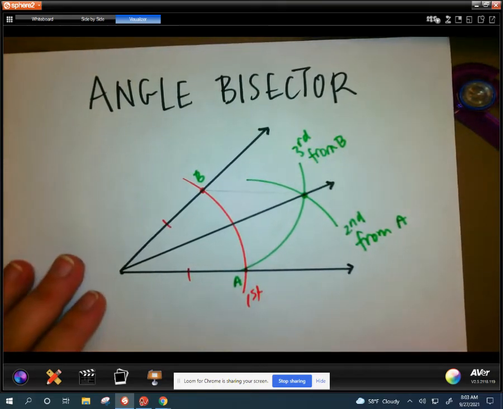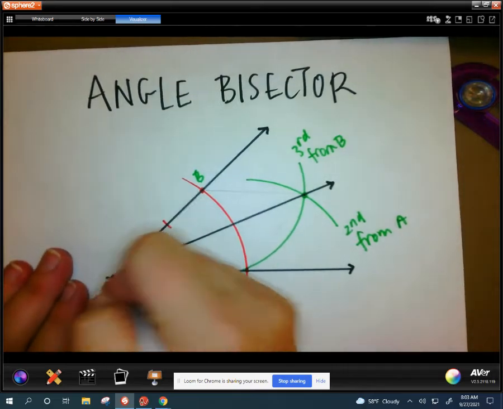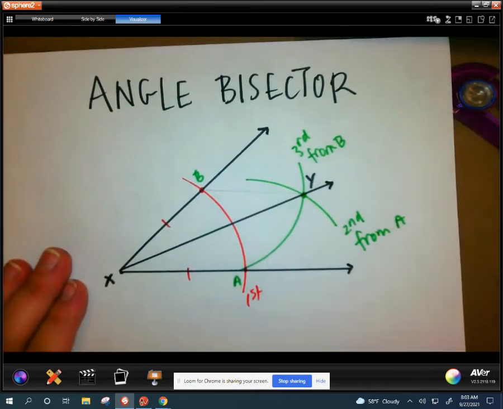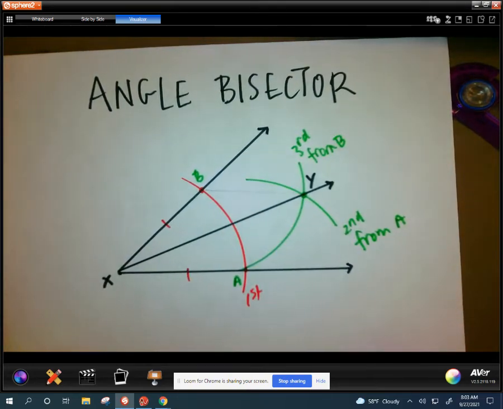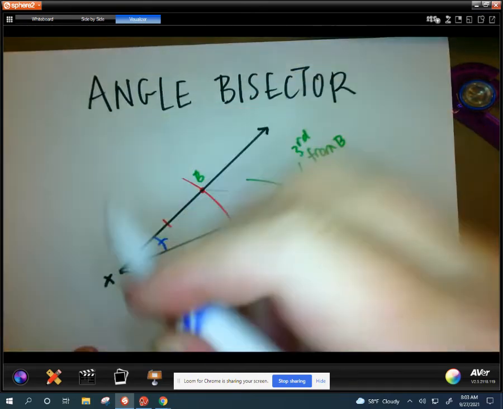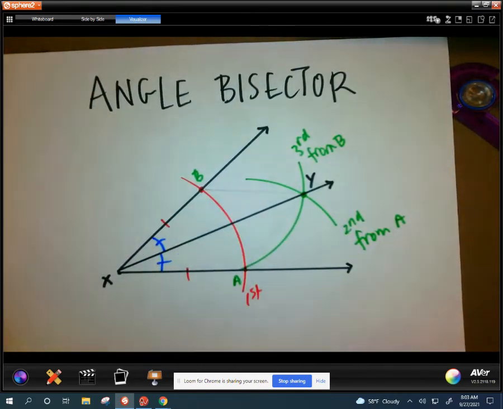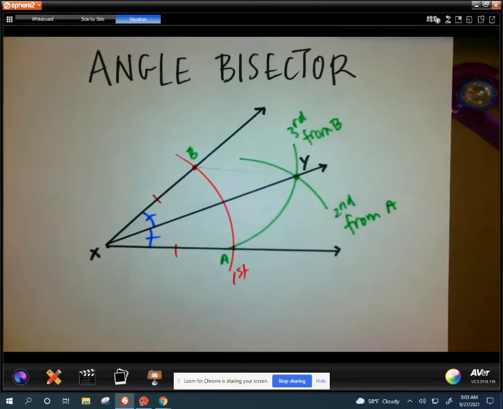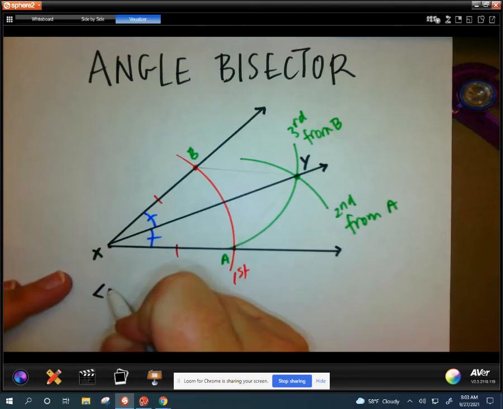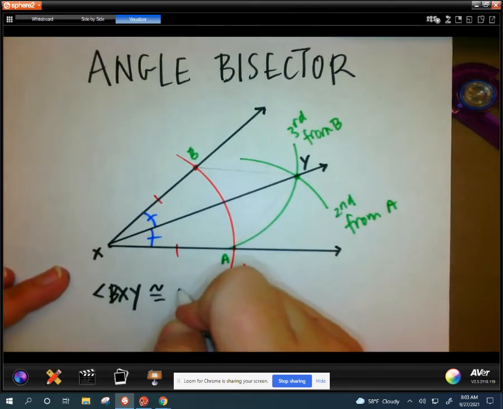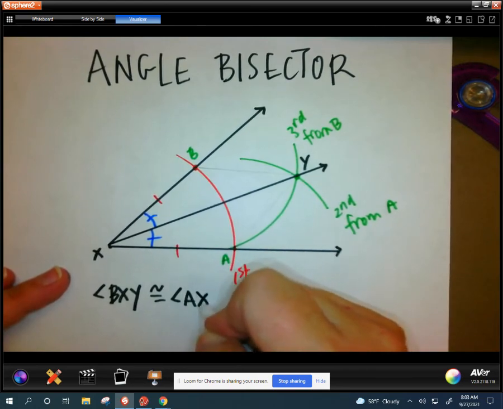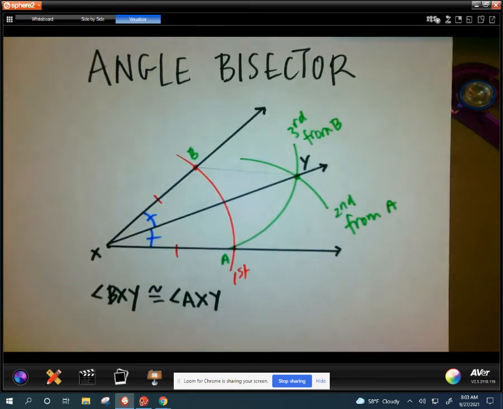So let's call this X and this Y. And now we can say that this angle right here is congruent to this angle right here. And so naming those angles, I have angle BXY is congruent to angle AXY. And that's an angle bisector.